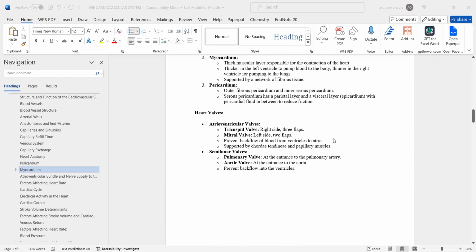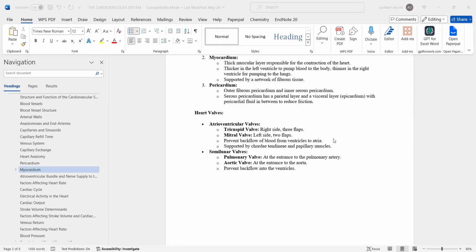So two kinds of valves. The atrioventricular valves: we have the one between the right atrium and the right ventricle, and the one between the left atrium and the left ventricle. Then we have semilunar valves, which are the valves between any other place apart from the atrium and ventricle.